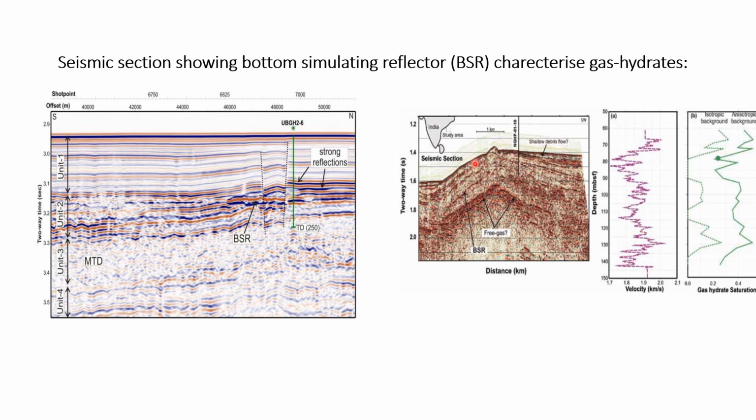This is another seismic section. Here you can also see that this is our seafloor, the bottom of the seafloor, and there is one anomalous structure also present here. Because the seafloor is going like this, and this anomalous structure is also going up like the seafloor, just mimicking, means repeating the pattern of the seafloor.